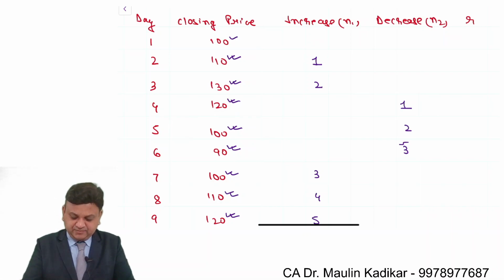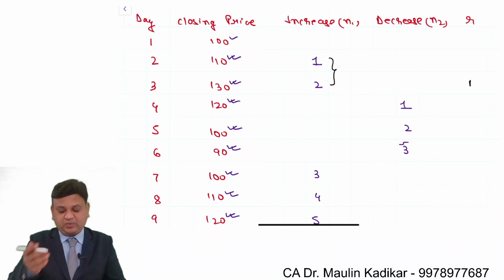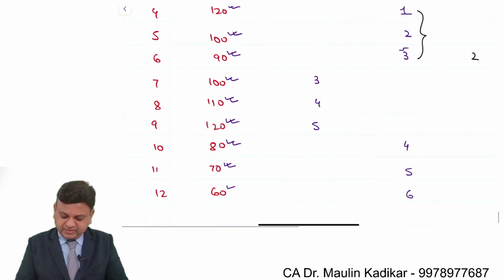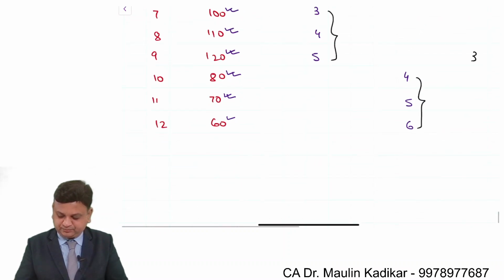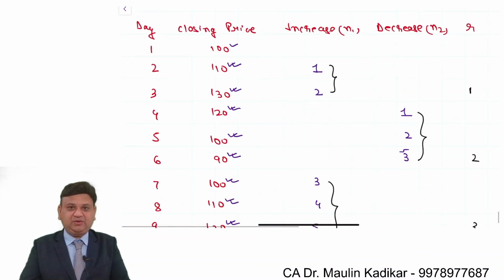How to find R? It will be found like this. R is 1 over here. So the number of price increases, the trend is 1. This is 2. This is 3. This is 4. This is the way the value of R is calculated.